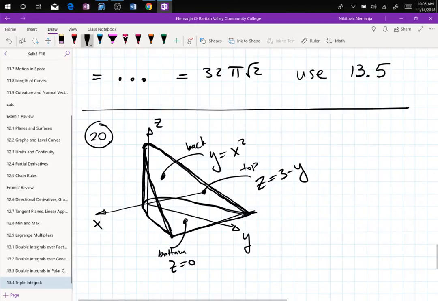Like you can only color 3 different colors. The one that wraps around the object, which is y equals x squared. The slanted top, where the dust would fall, right? If this is some kind of figurine or something to stand on the shelf. The dust would fall over z equals 3 minus y, and then the bottom on which it stands, z equals 0. So only 3 surfaces, and that's why I only have 3 equations.